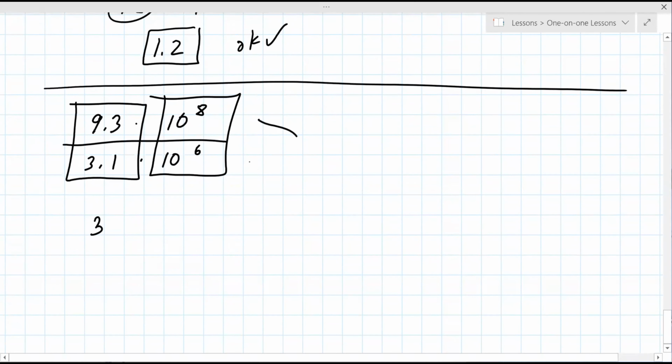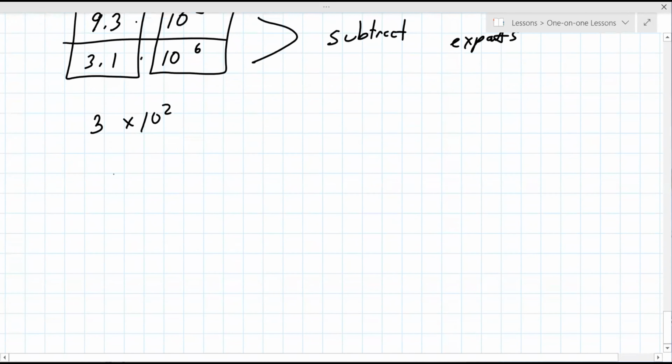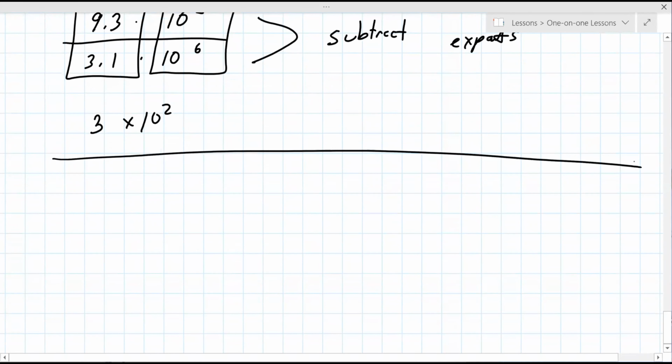And then here on this side, you're going to subtract the exponents. So that becomes 10 squared. Isn't it 3.3? 9.3, 3.1 times 3 gives you 9.3. So that's why the answer out in front is 3. Oh, okay. So you can always do it in reverse.